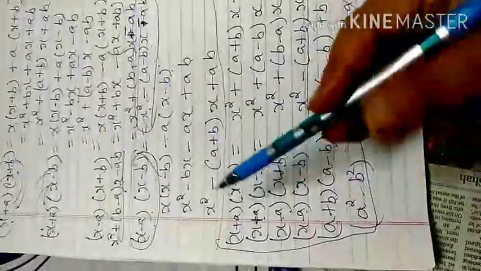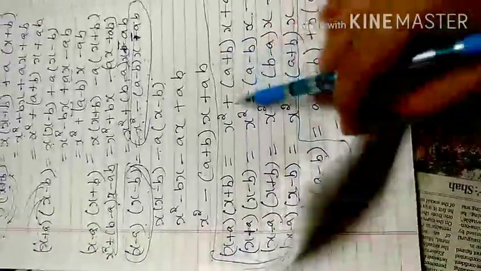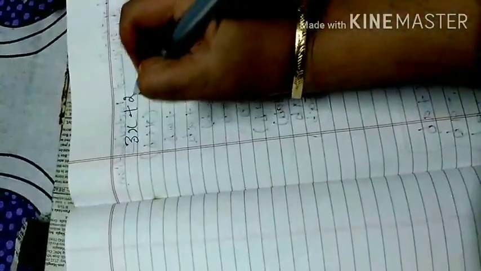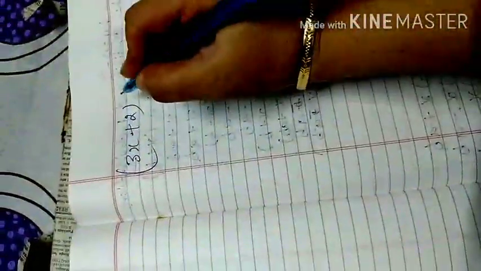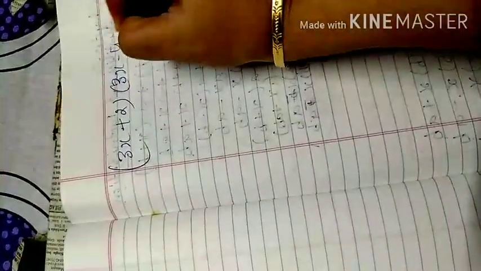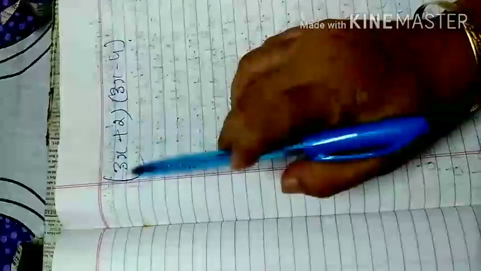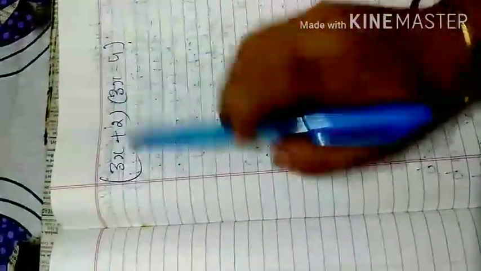If I have a term like 3x plus 2 and 3x minus 4, if you look at the formula, the first term is the same, only the second term is opposite in sign.